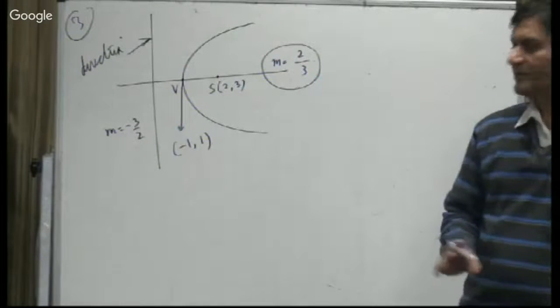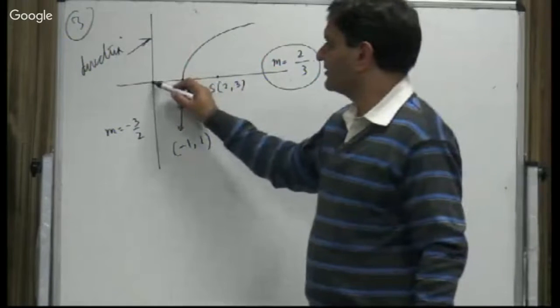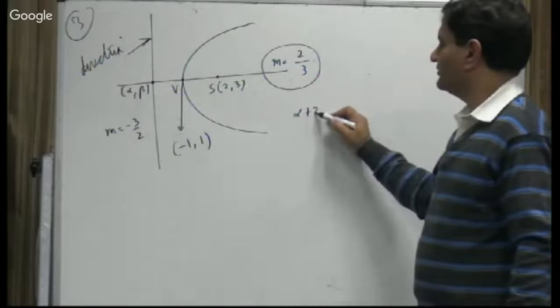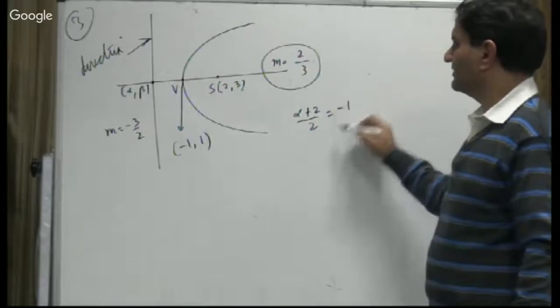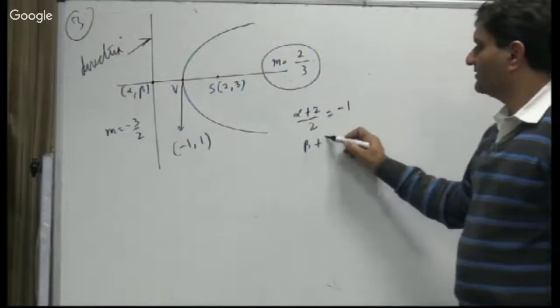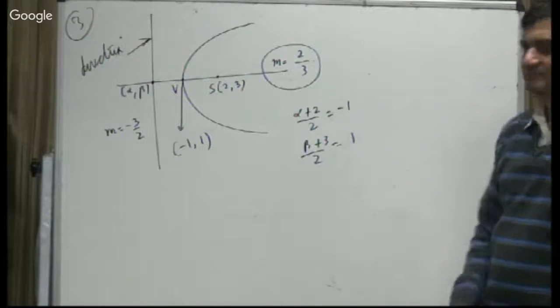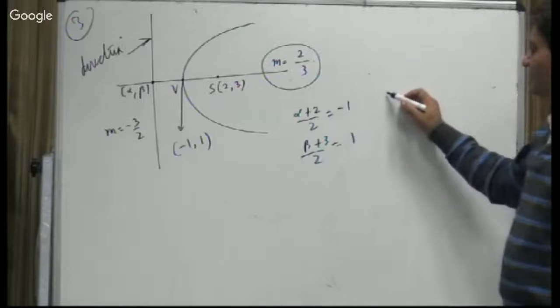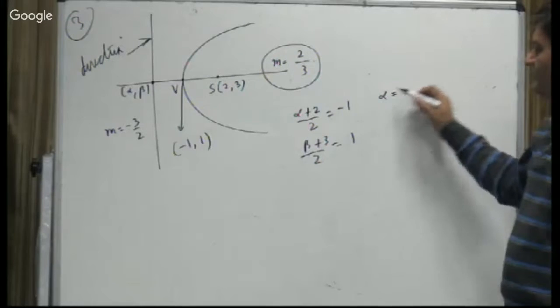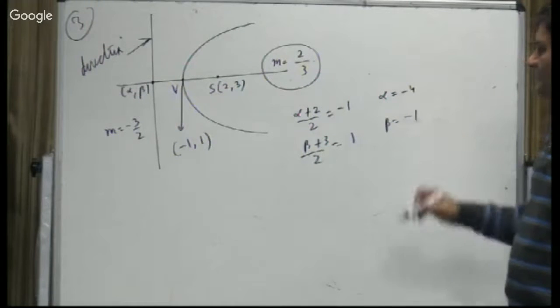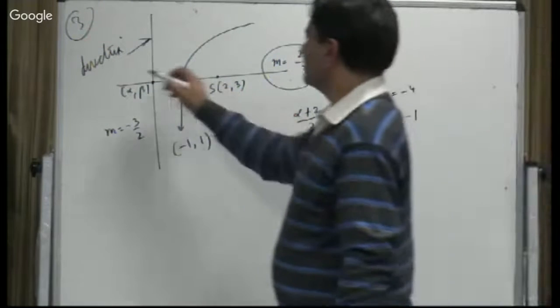We know the slope. Now we can very easily find the coordinates of this point (alpha, beta). So (alpha plus 2)/2 is equal to -1, and (beta plus 3)/2 is 1. So what are the coordinates of alpha and beta? Alpha is -4 and beta is -1. So this point is (-4, -1).